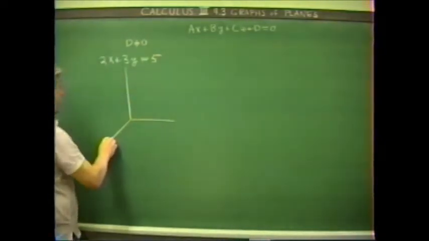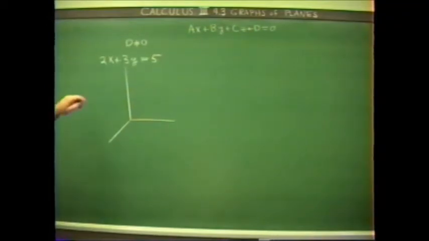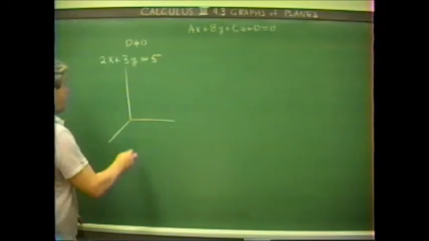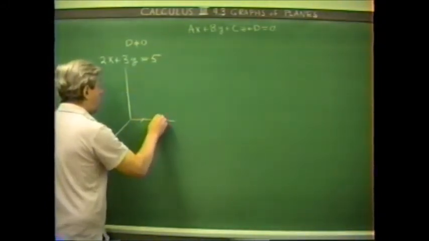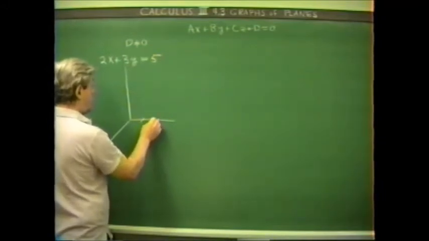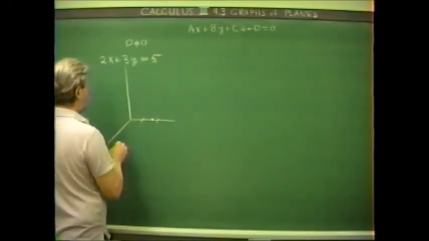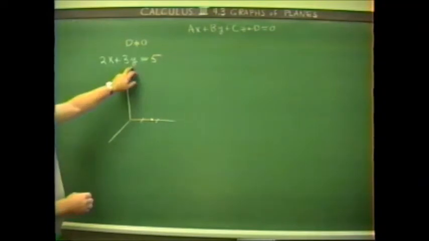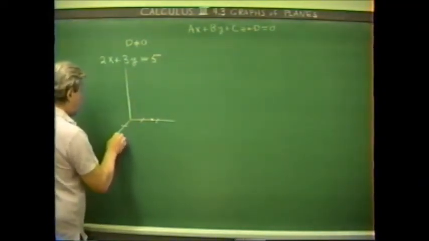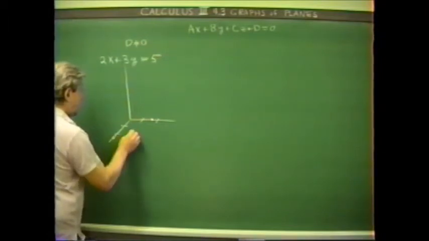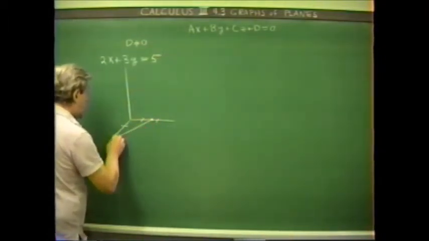In particular, for example, we can plot 2 points of this. When x is equal to 0, y is equal to 5/3, and so here's a point on the graph. 5/3 about there. And when y is equal to 0, x is equal to 5/2. So this is the point on the graph. Since this is the plane, this entire line is on the graph.